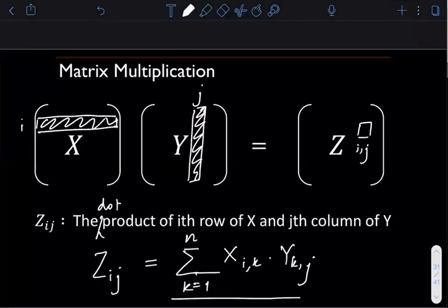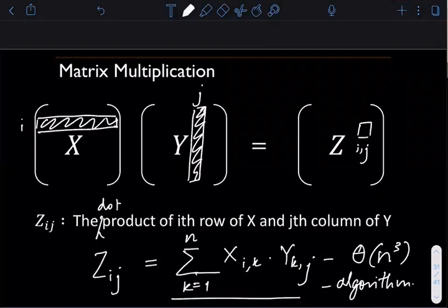All I need to do is go over all the possible k's and multiply the two corresponding entries. So this gives me a theta n cube algorithm. Not only is it order n cube, it's also theta n cube. It will actually need n cube amount of time, and it will not take more than that, barring the constants.